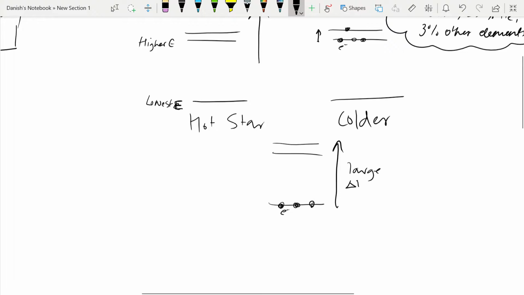Large delta E. So we'll see a lot of energy gain, and the absorption line will appear bluer. It will be on the bluer side because it's a lot of energy gain. That's how we can tell the temperature from absorption lines, essentially.